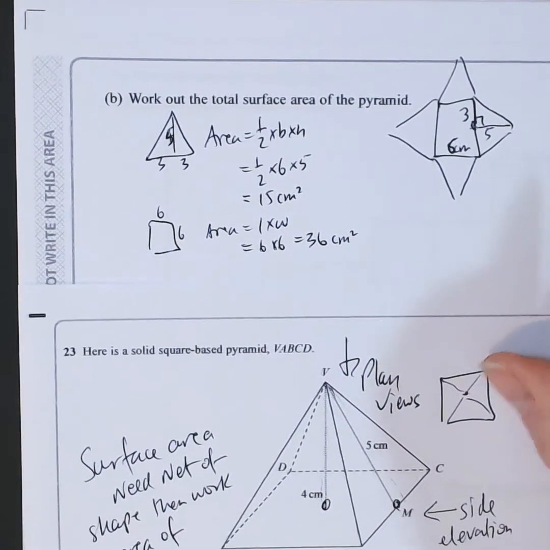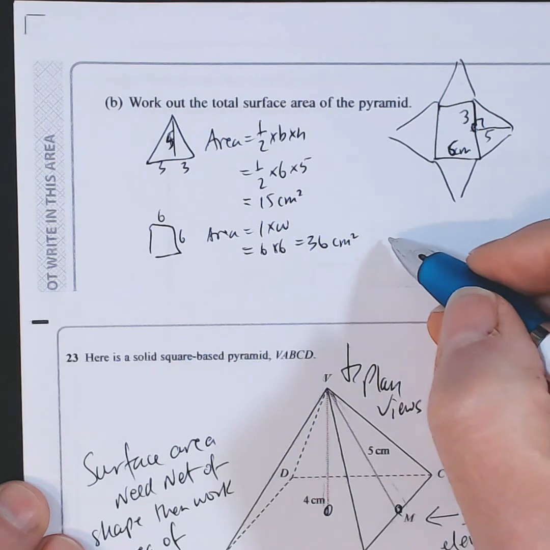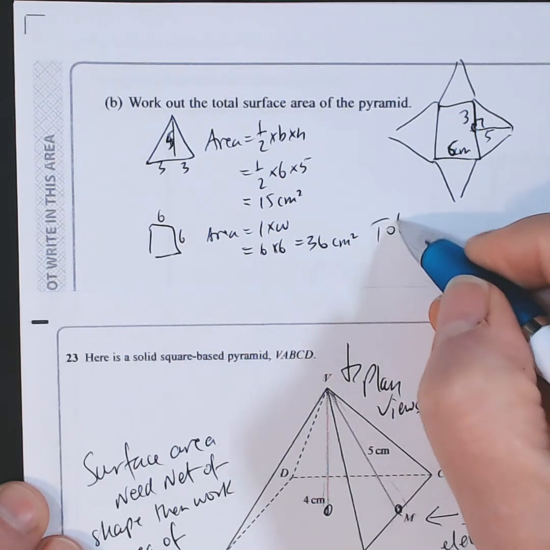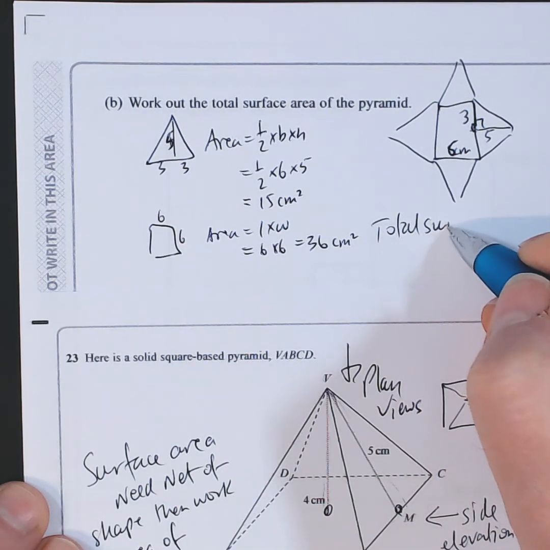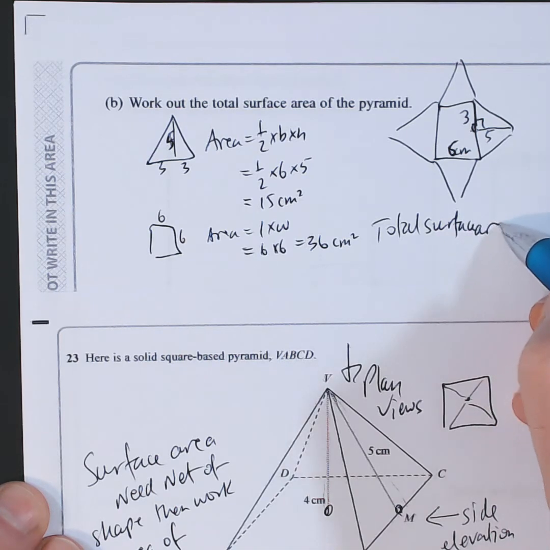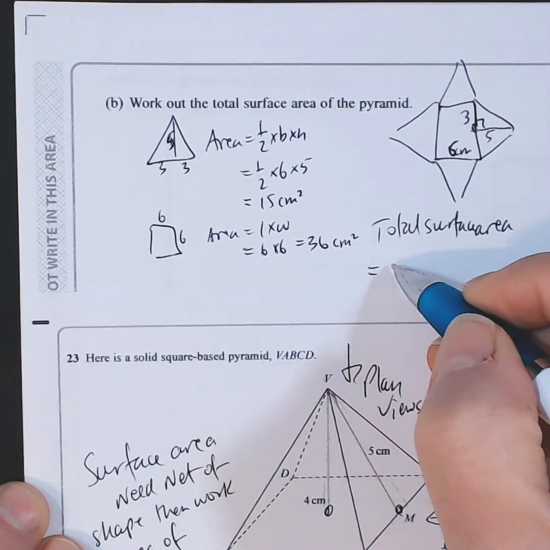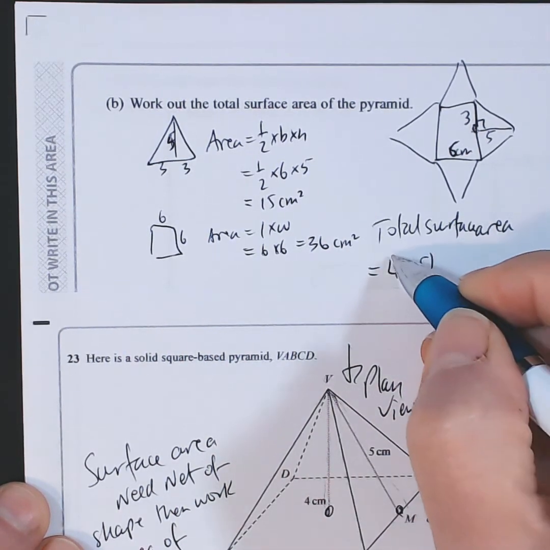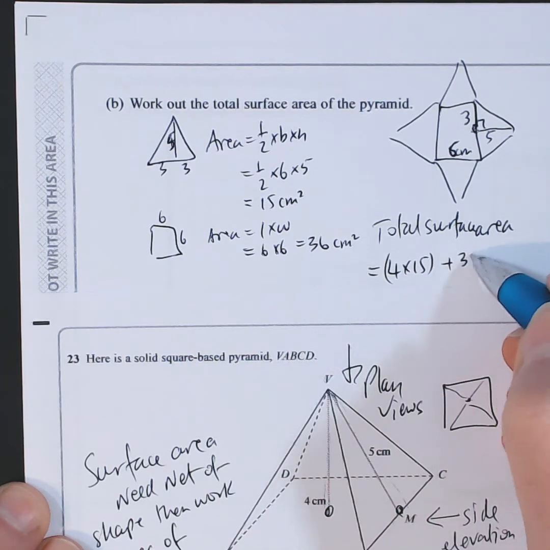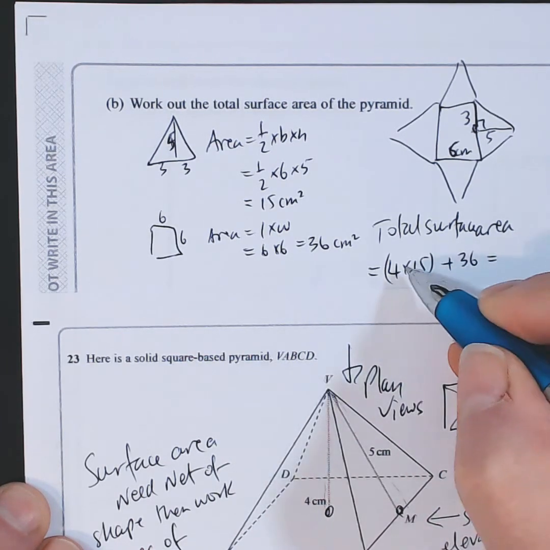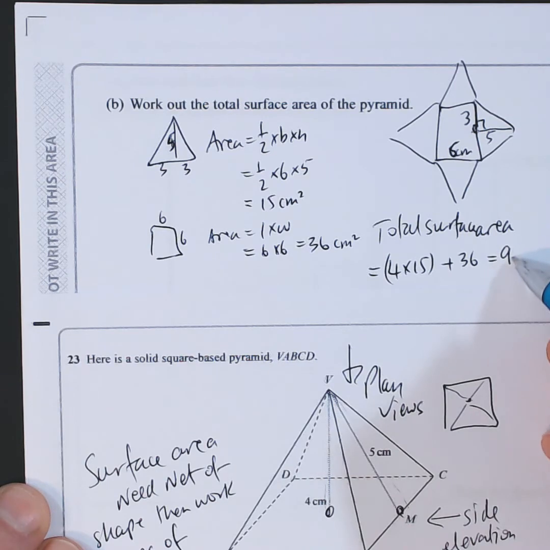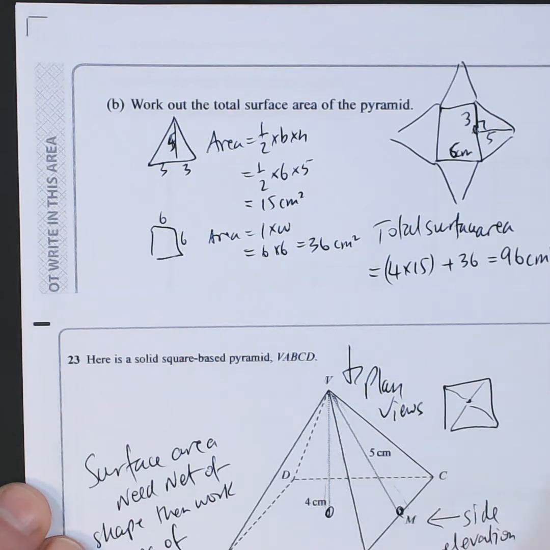And because we want the total surface area, then the total surface area is equal to 4 times 15 for the 4 triangles, plus the 36. Well, when you work all that out, 4 15s are 60 plus 36, so 96 square centimetres.